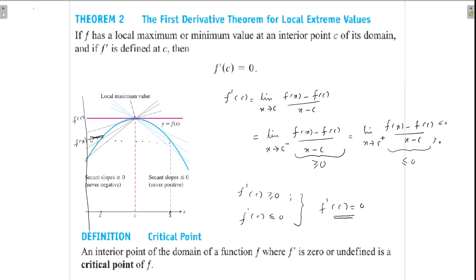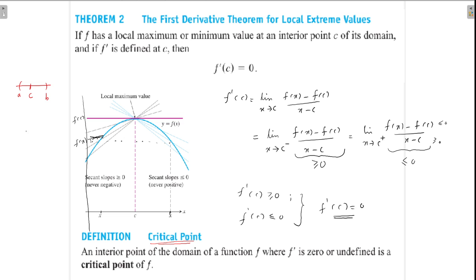Now we have a definition here. Critical point. A critical point of a function: an interior point of the domain of a function f where f dash is 0 or undefined is a critical point of f. Suppose we have an interval a, b, and consider an interior point c.